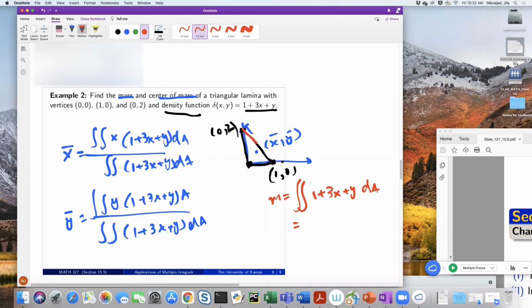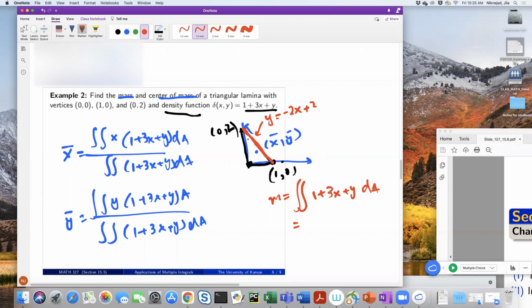What is that line? y equals minus 2x plus 2. Am I right? If I plug in 0 for x, I get 2. If I plug in 1 for x, I get 0. Yeah, so that's the line.